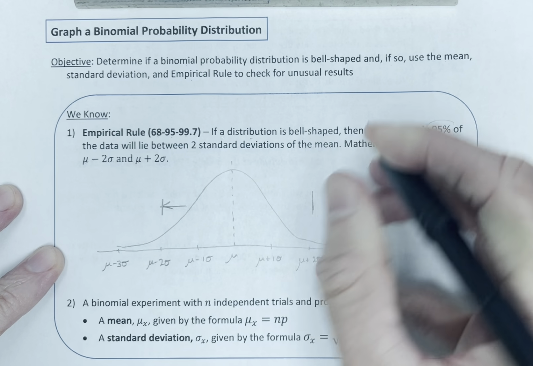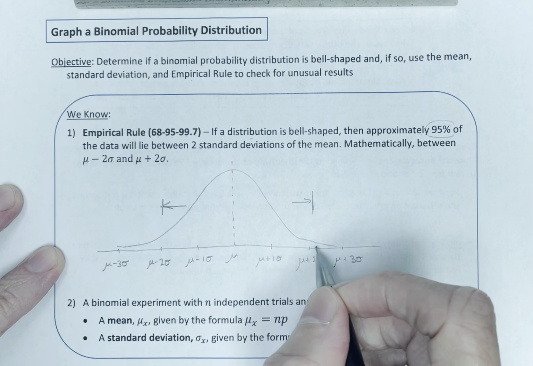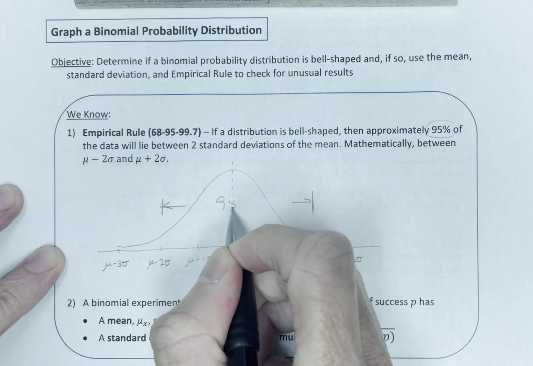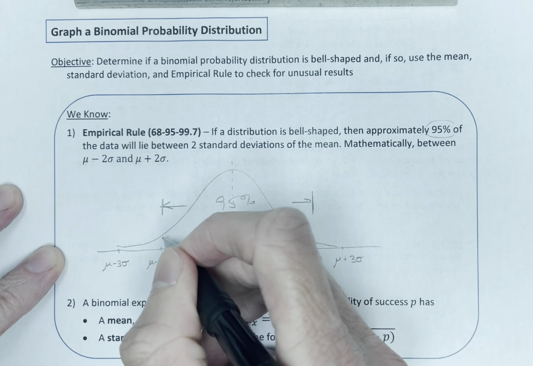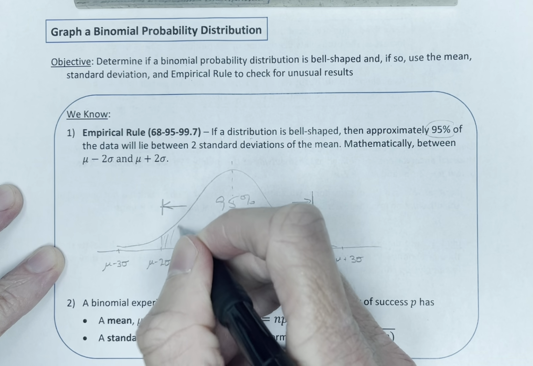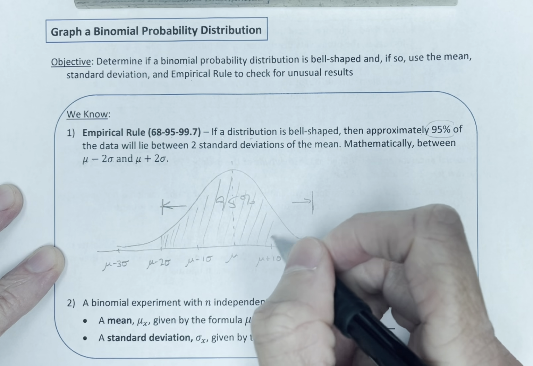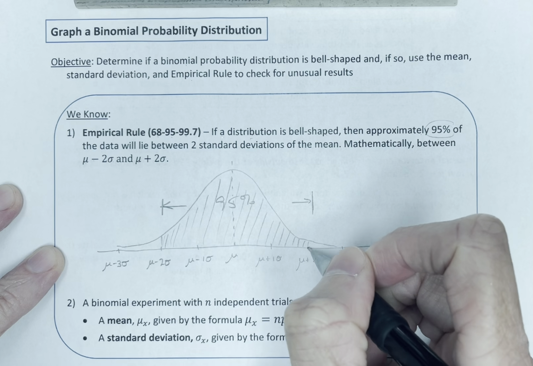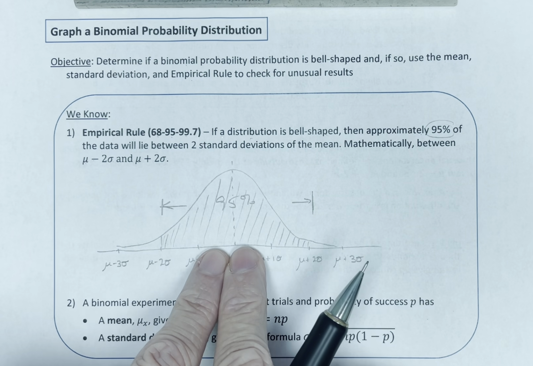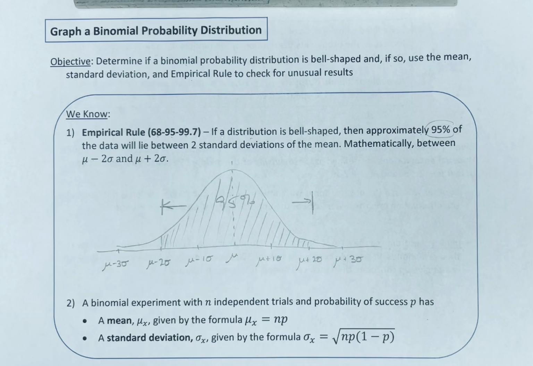We're going to be focused in this lesson from -2 to +2. That's 95% of our data, and I can shade this in. We're focused on this part of the distribution, the 95% that is closest to the mean. So that's a review of our empirical rule.